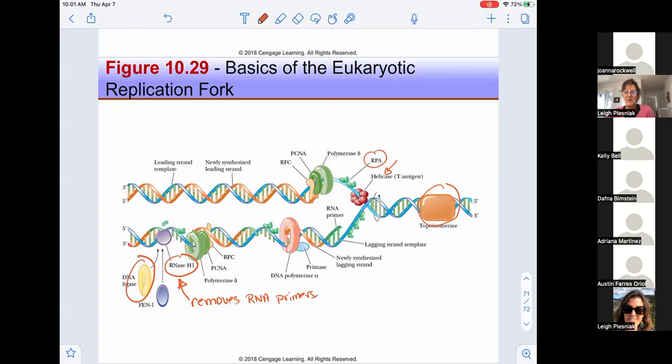At the beginning of each Okazaki fragment, there is an RNA primer, and that has to be removed. It's a polymerase. Do you remember which one? Is it 3? 3 is the one that copies the genome. There's only one that has 5' exonuclease activity. It's DNA polymerase 1. It uses its 5' exonuclease activity to remove the primers.